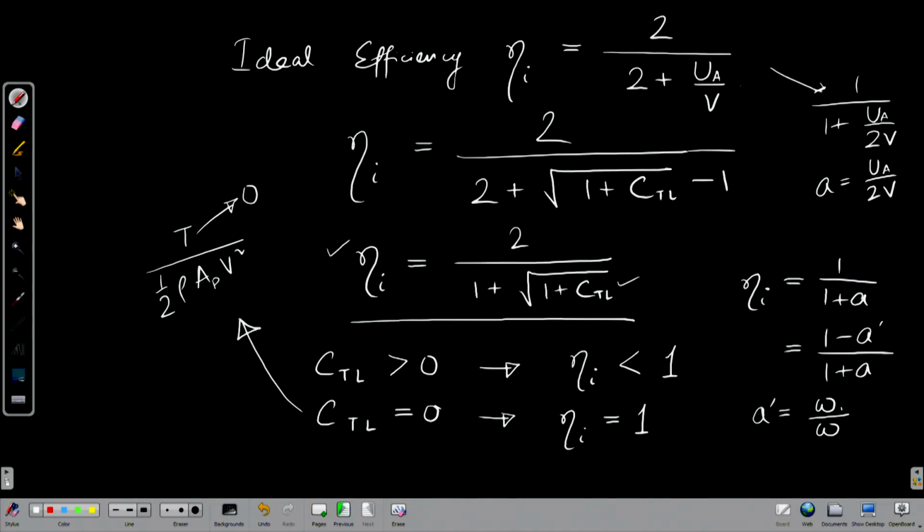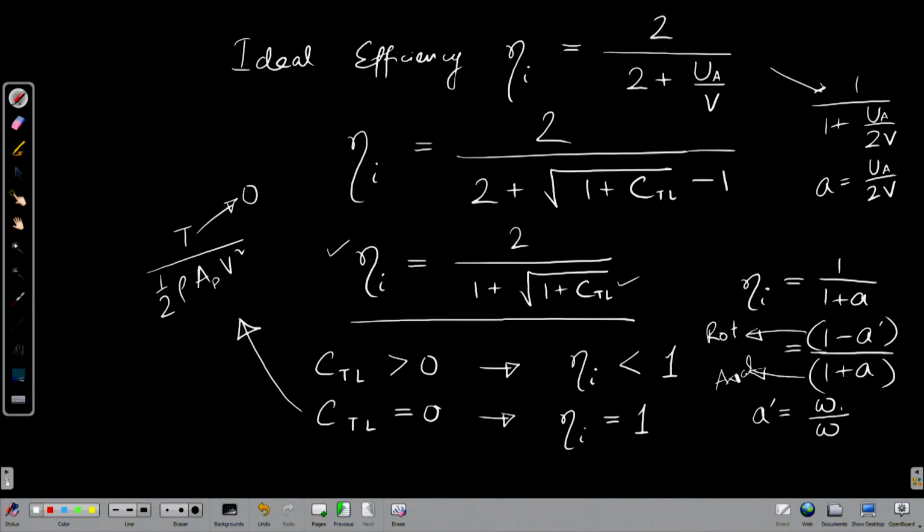So, if we consider both the axial and rotational induced velocities, eta I will be reduced further. That means the numerator here will be lower and we already have a higher denominator due to the effect of the axial induced velocity. So, here the numerator is the rotational component and the denominator is due to the axial component of the induced velocity.